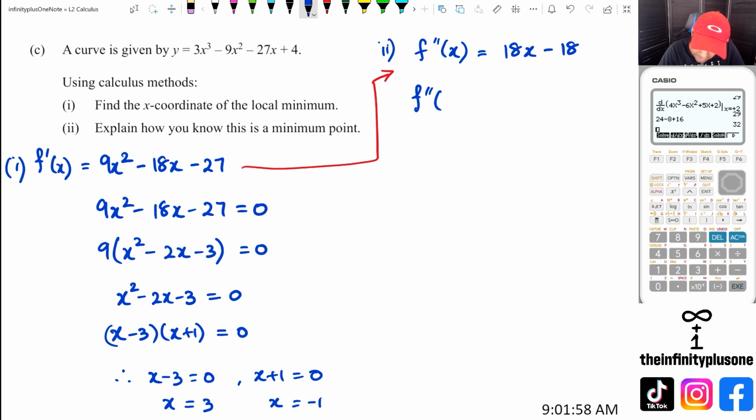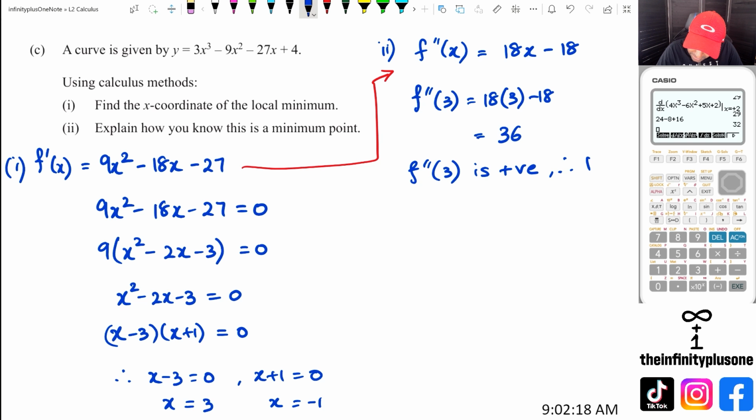So when I substitute f double dash of 3, I'm going to get 18 times 3 minus 18, which is equal to positive 36. And because f double dash of 3 is positive, we can say that this is a minimum.